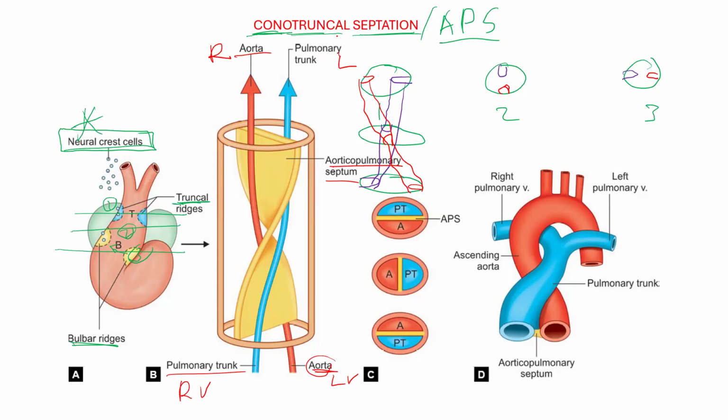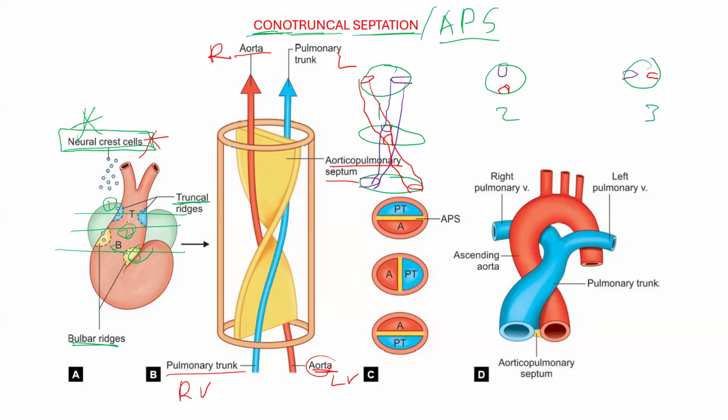If you understand that conotruncal septation, I need you to think about situations where things could go wrong. The first situation is, imagine these neurocrest cells decide, let us not invade that conotruncal segment of the bulbous cordis. If they do not invade the bulbous cordis, there'll be no conotruncal septation.